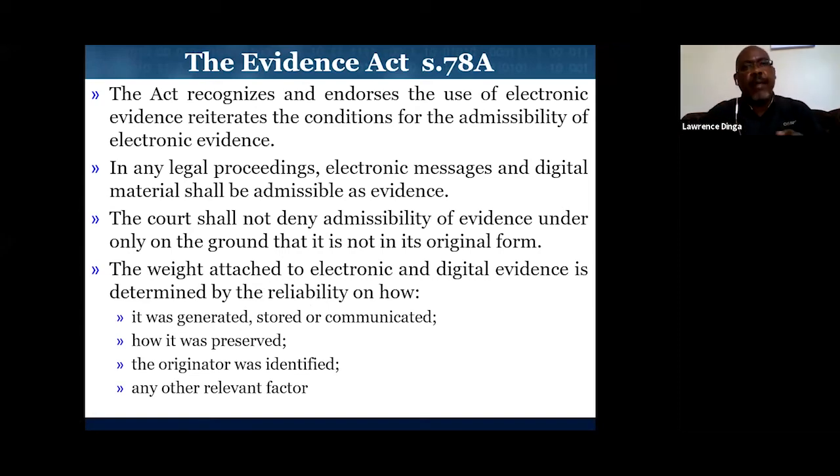SMS, WhatsApp, all those things that you get from digital devices apart from the computer printout. Now, that is taken care of in section 78A. And what does it say? The Act recognizes and endorses the use of electronic evidence, reiterates the condition for the admissibility of the electronic evidence.